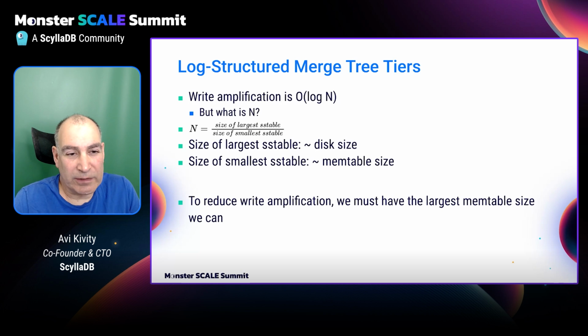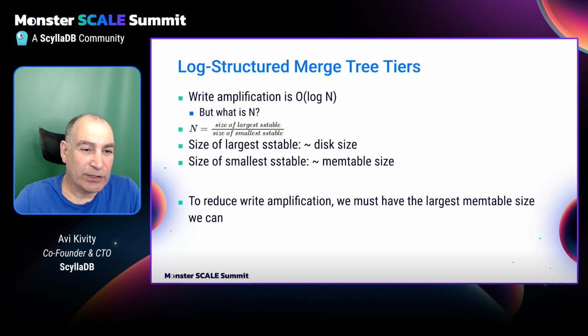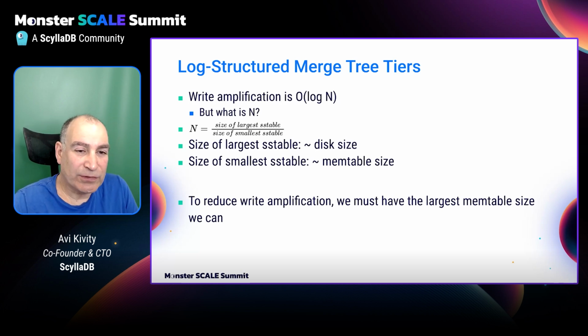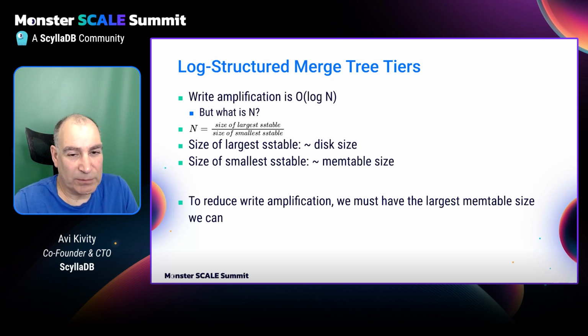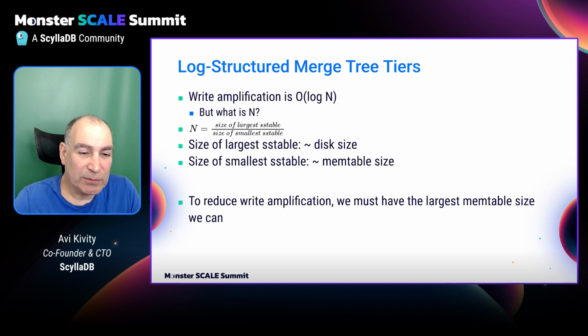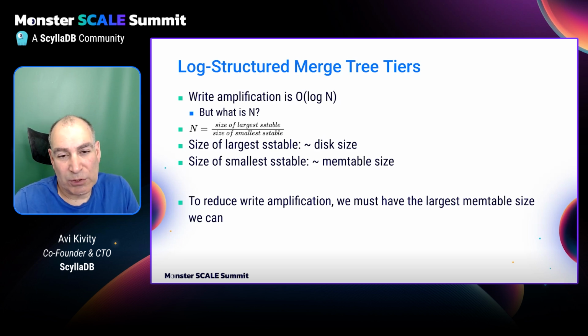But what is n in this case? It turns out to be the size of the largest SSTable in the merge tree divided by the size of the smallest SSTable in the merge tree. And the size of the largest SSTable, again oversimplifying, is the disk size. And the size of the smallest SSTable is the memtable size, which we sorted in memory.